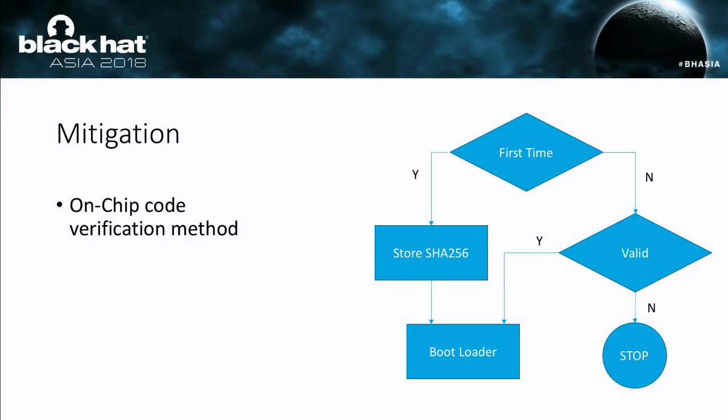When the IoT device is powered on, the on-chip code will firstly calculate the content of the original bootloader, and then it will store the hash value to flash inside the CPU.